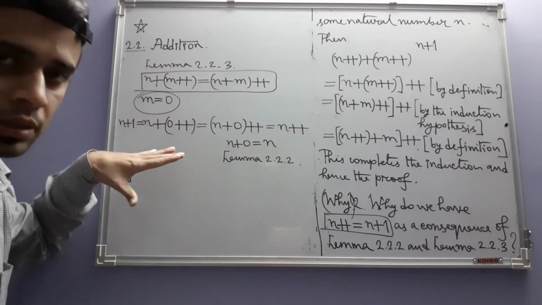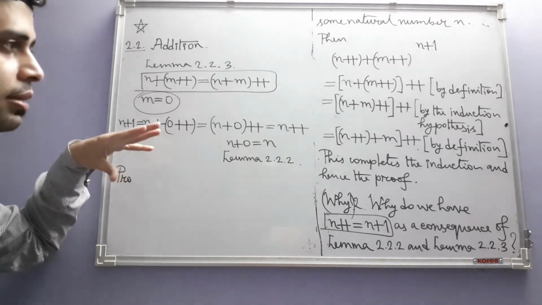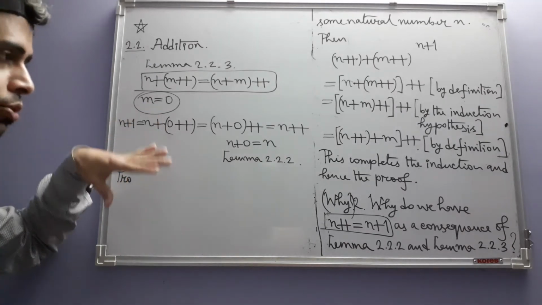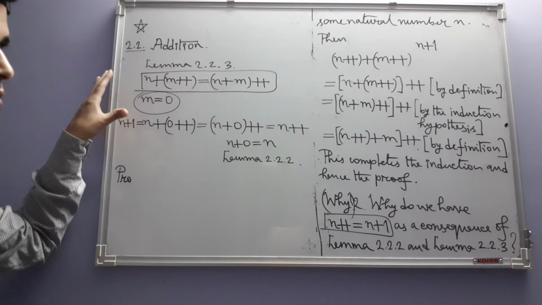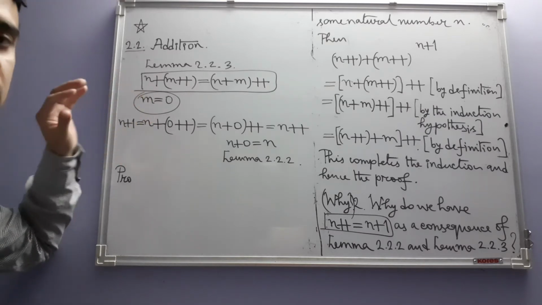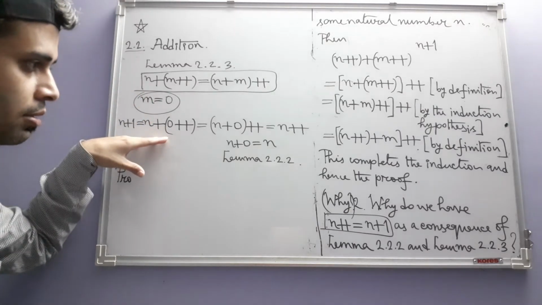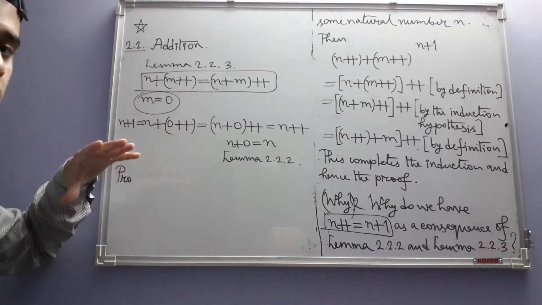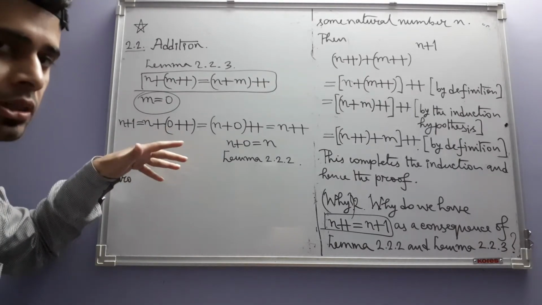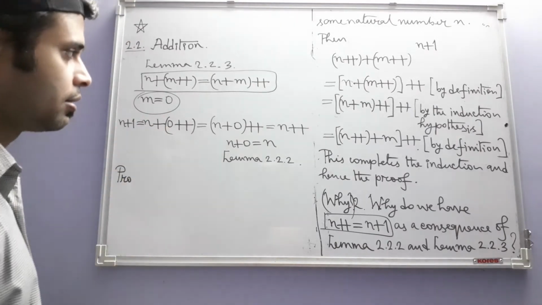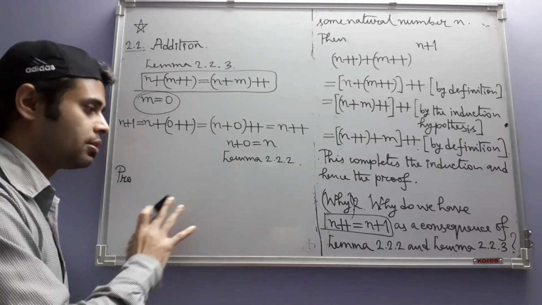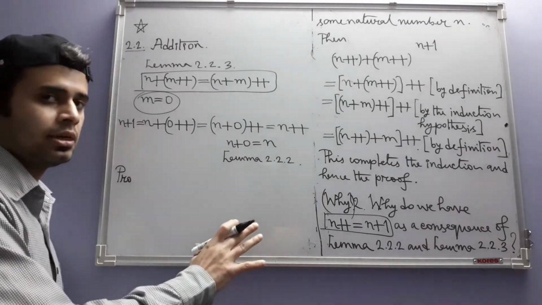Each one of them is a result. A lemma is an easily proved result whose proof is not very difficult and which comes before proving some result of more importance, some central result. Lemmas are used in the proof of important results.